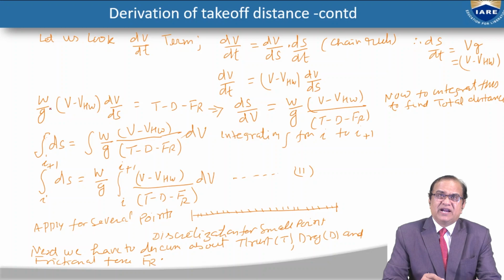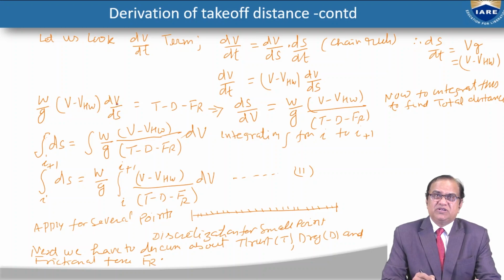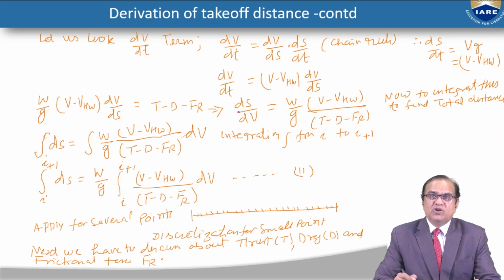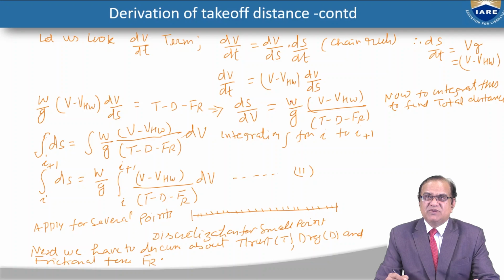So W by g, V minus VHW, dV by dS is equal to T minus D minus FR. Now if we invert this, dS by dV will be W by g, V minus VHW divided by T minus D minus FR.